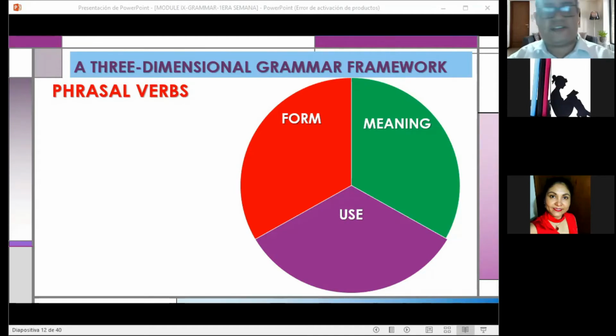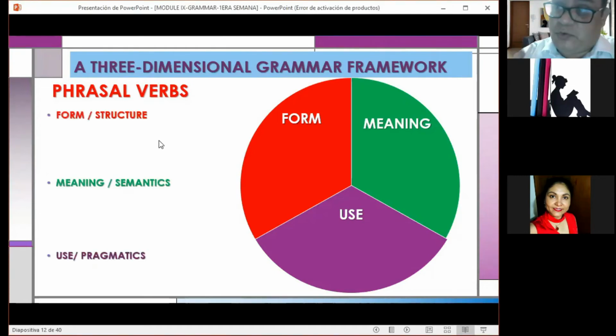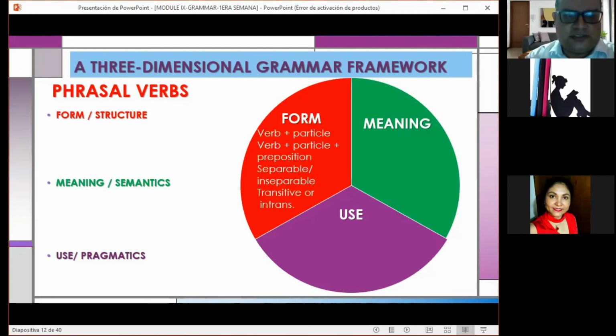So phrasal verbs are not just basic verbs, composed by just one word. These phrasal verbs are composed by 2 or 3 words when we have a verb plus a particle. Let's analyze it. Remember, we're going to analyze this structure in 3 dimensions: its form, its meaning, and its use. Phrasal verbs.